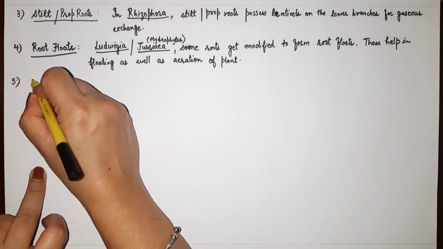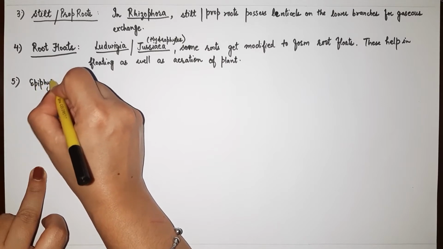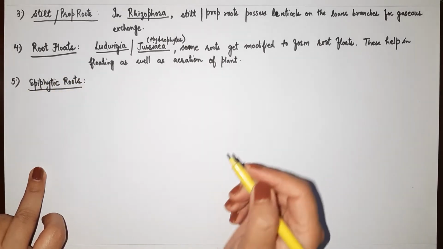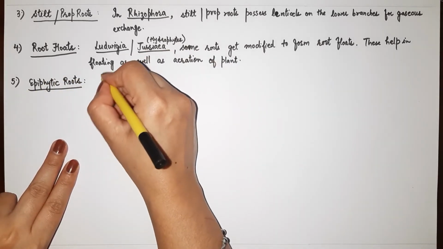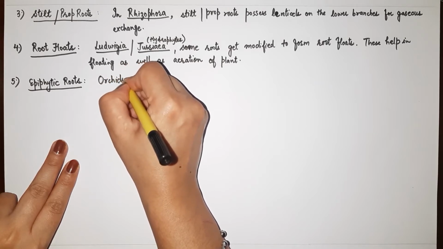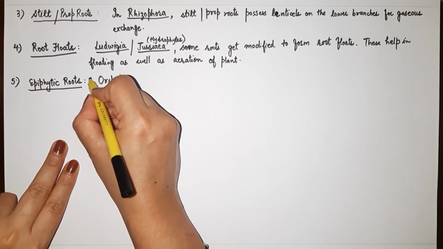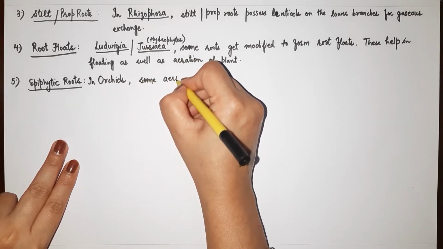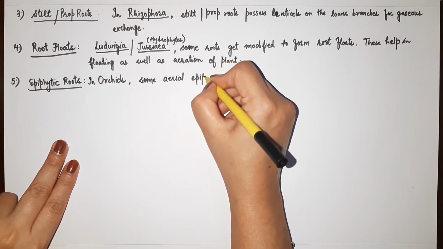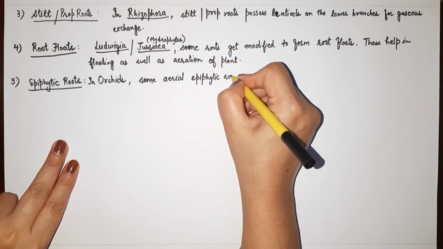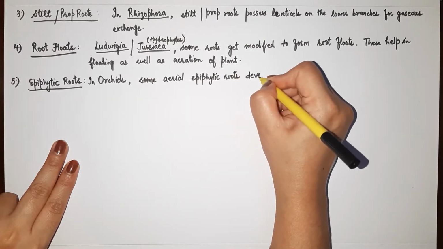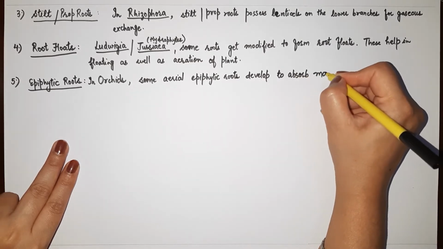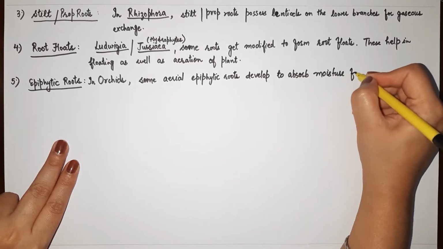Then the last type we have is epiphytic roots. And this is in case of orchids. In orchids, some aerial epiphytic roots develop to absorb moisture from air.